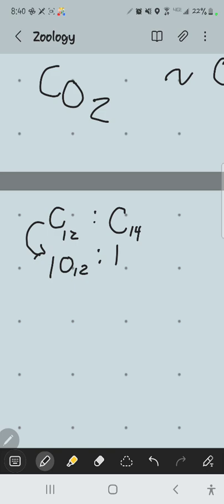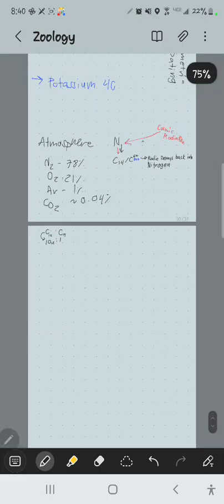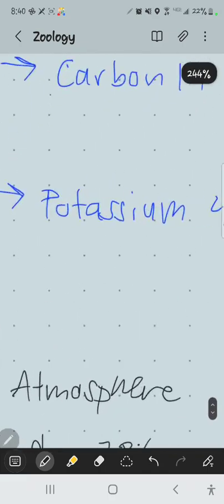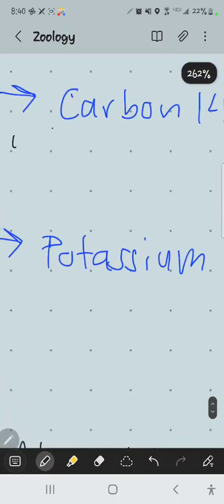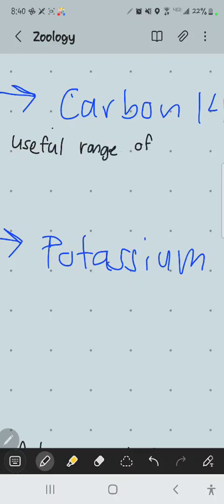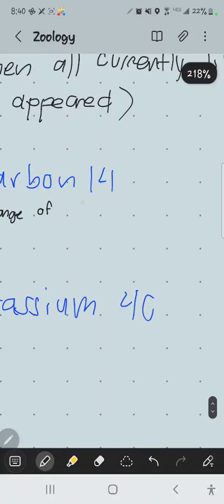So the problem with carbon-14 is this, and this is the main important thing I want you to know: the useful range of carbon-14 is limited. A sample has to be at least 100 years old before you can begin to even detect that there's some missing carbon-14.